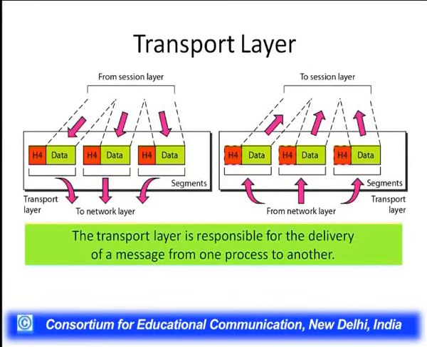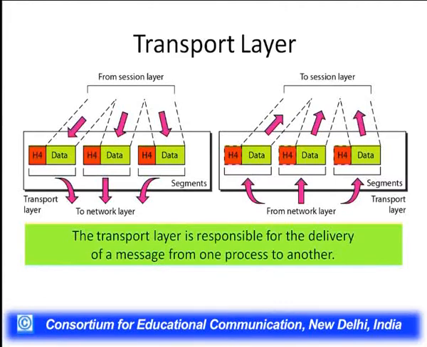The next layer on top of the network layer is the transport layer. The transport layer is a very crucial layer and is responsible for the delivery of a message from one process to the other. As you can see here, the session layer is the layer above the transport layer. The transport layer gets the packets from the session layer, inserts its header, that is H4, into the data, and then these packets are passed on to the network layer.